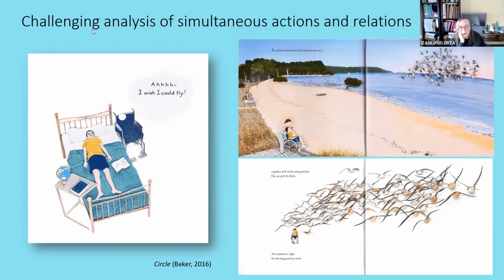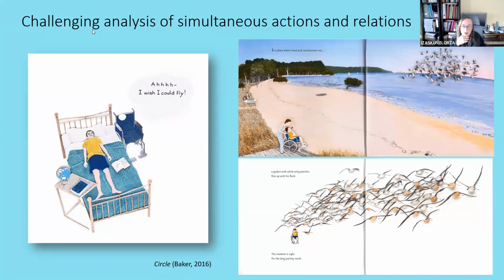Very often we are going to find simultaneous actions and relations. For instance, we have looked into the boy projecting his idea, I wish I could fly, in the opening stage of this story, which is the one that you have on the right on top.